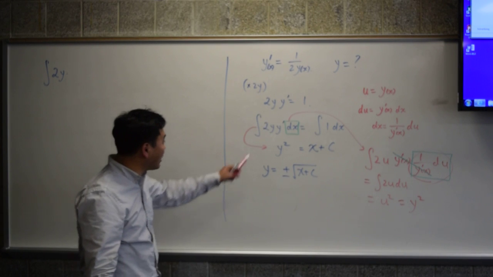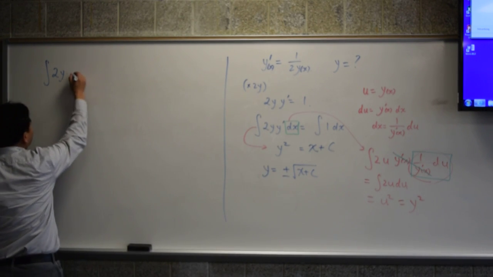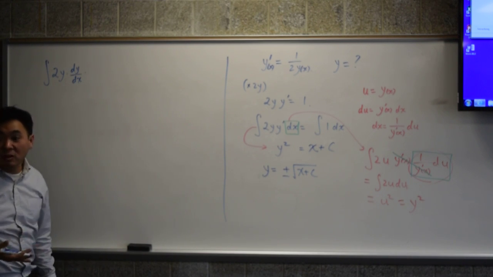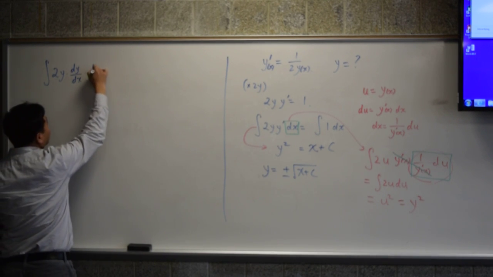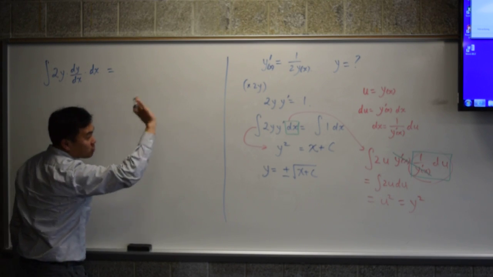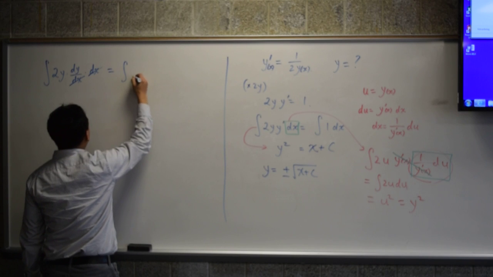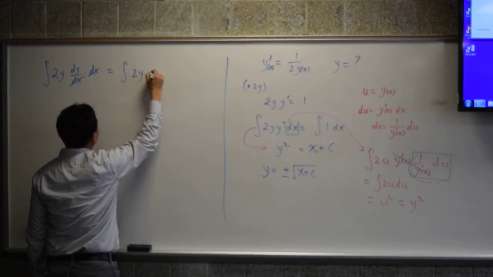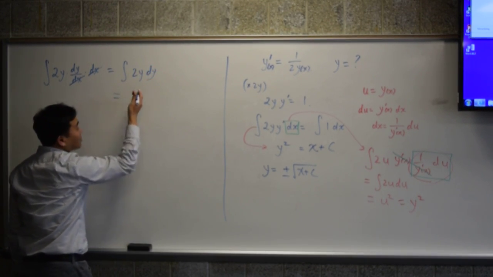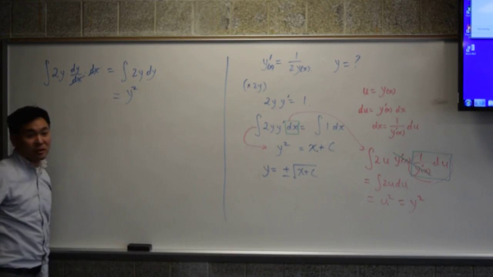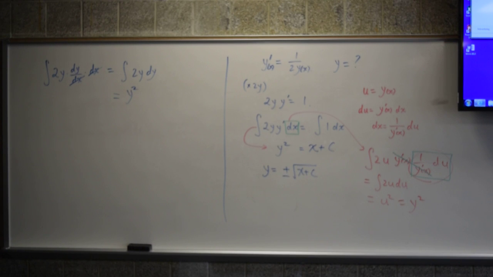If you write down y prime as dy dx, here's the power of the Leibniz notation. You don't have to go through all that. You can just say, hey, here's dx, that cancels. I'm integrating 2y as a function of y. So what's the integral? Y squared. Done. Very simple. Isn't that simple? Yeah, it's much simpler, right?